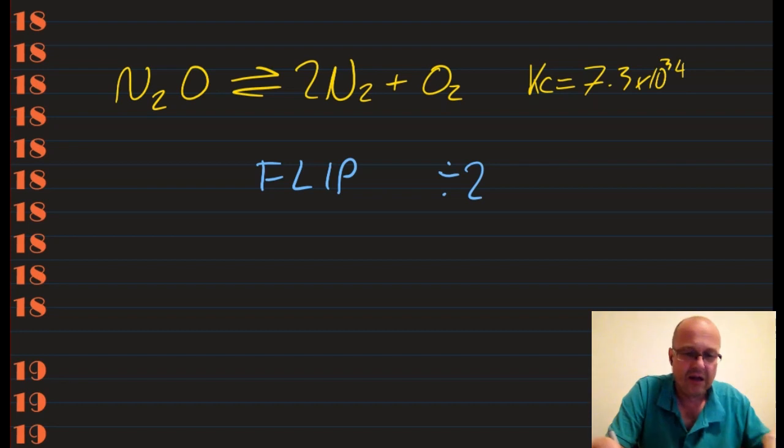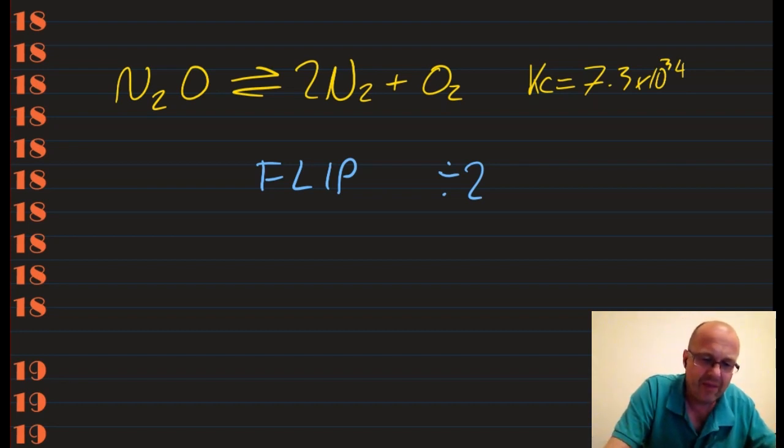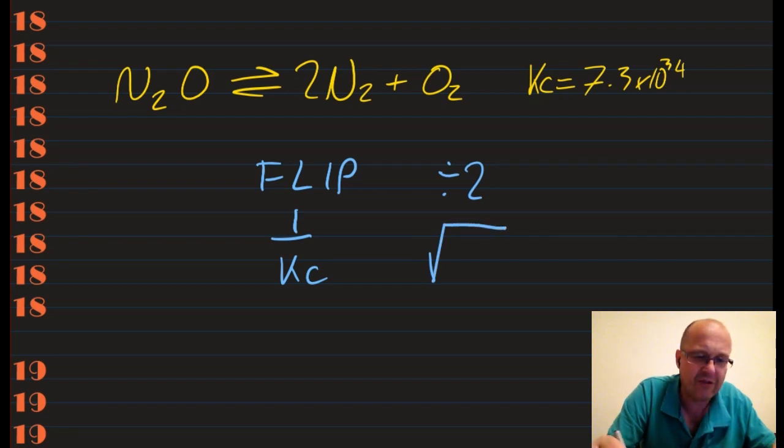Oh, hey, if I flip it, then I've got to put 1 over Kc. And if I halve it, then I have to take it to the square root. I think that's what you have to do. So it's going to be 1 over Kc square rooted.